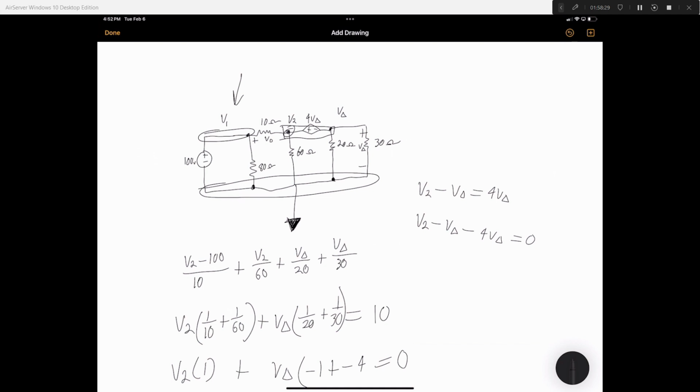Let me think how I would do this. Power supplied by the 100-volt source.